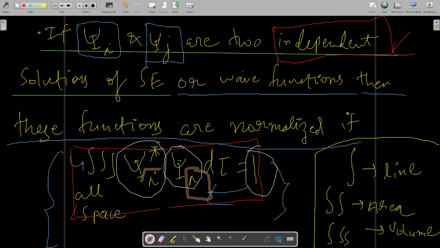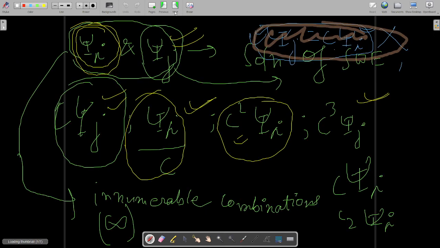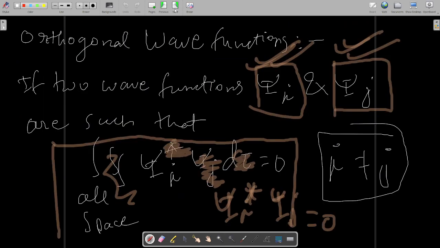So over here you are taking the conjugate of the same function and multiplying it. But in the other condition, you are taking the conjugate of another function and multiplying it by this function. So i is not equal to j.